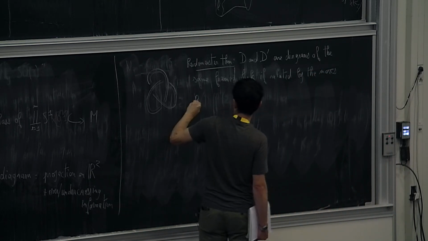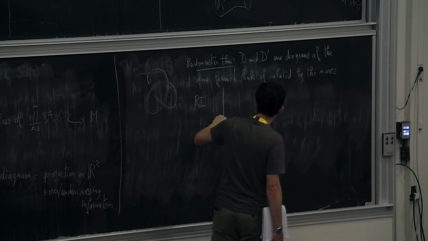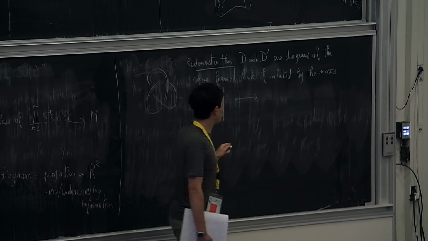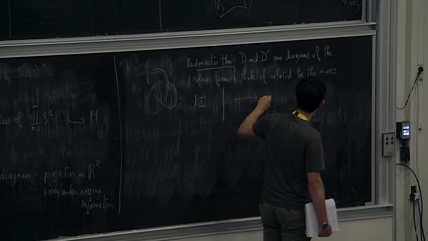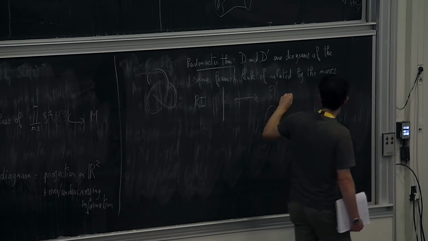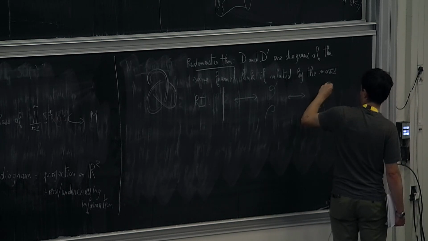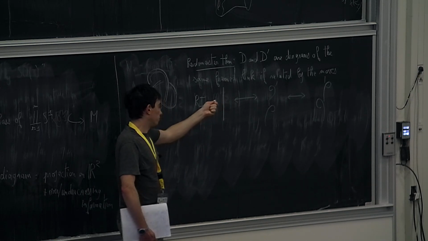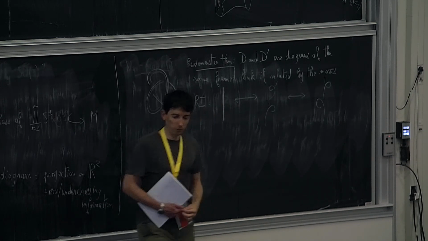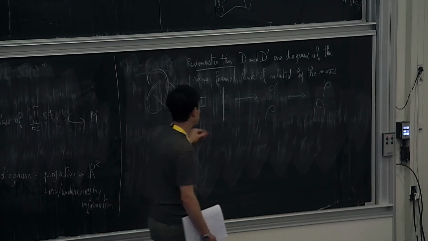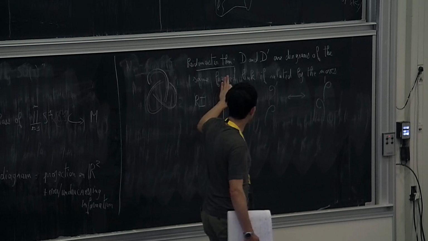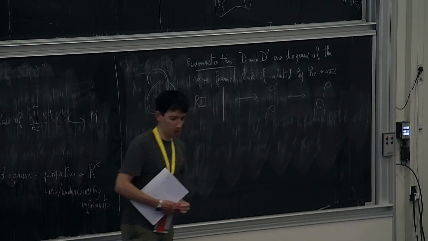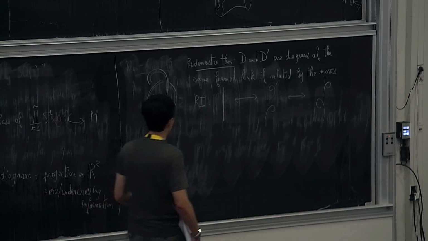So you have first move, which is, well, if you have a straight strand, you can add two kinks going in opposite direction, like this or like this. And if that's the case, well, you can straighten your strand, even if your strand is really a little ribbon like this, you will still be able to straighten it by an isotopy. So this is the first move.